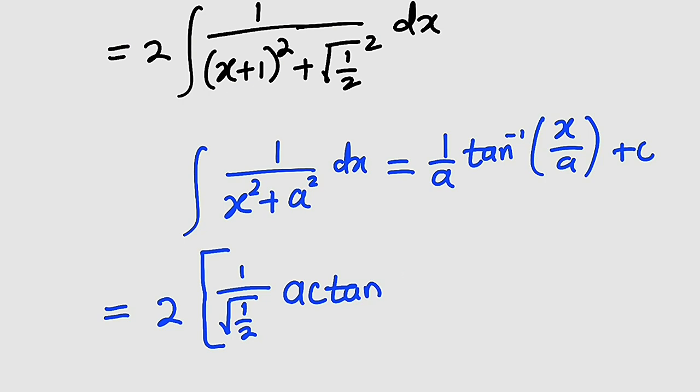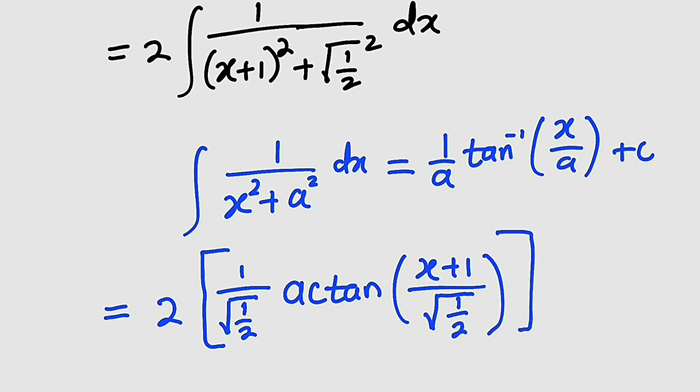But this time around we have x plus 1 as x. We have x plus 1 divided by a, and a is the square root of 1 divided by 2. We don't need to add plus c because we have the other part.